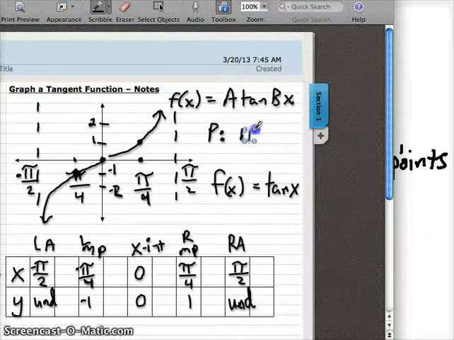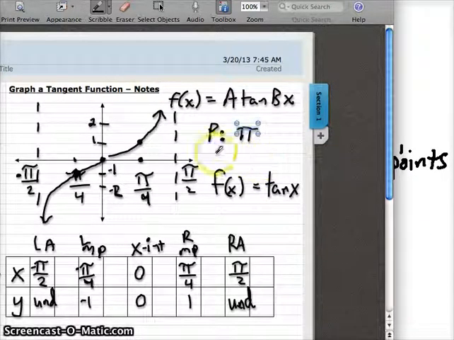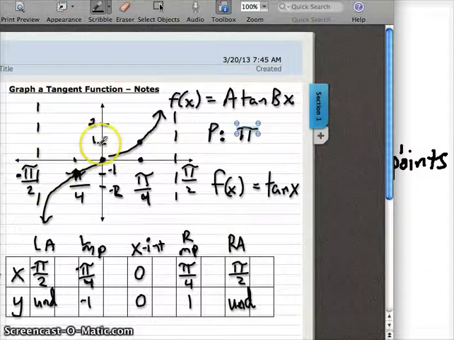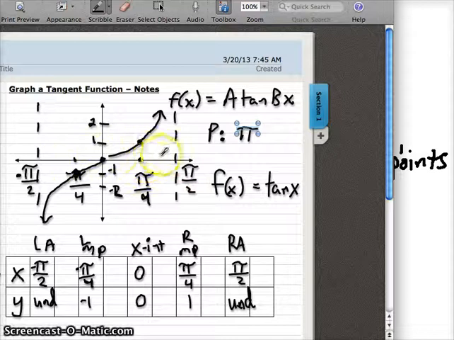So pi over 1 is just pi. And so the distance between my two asymptotes, or really the domain of my graph, is actually 1 full pi length. From negative pi over 2 to positive pi over 2 is 1 pi, and that is my period length or cycle of this graph.